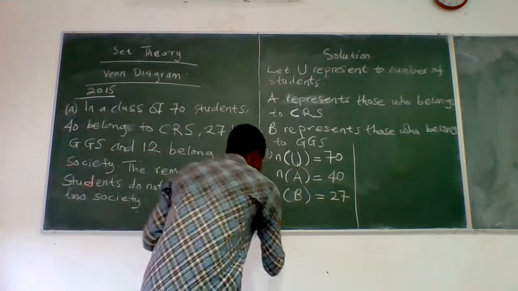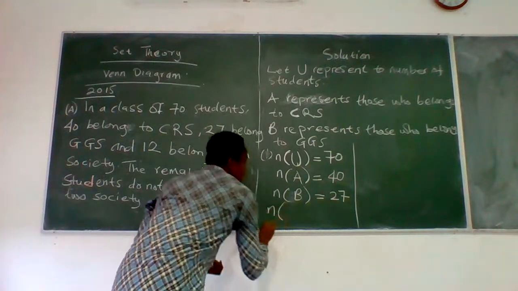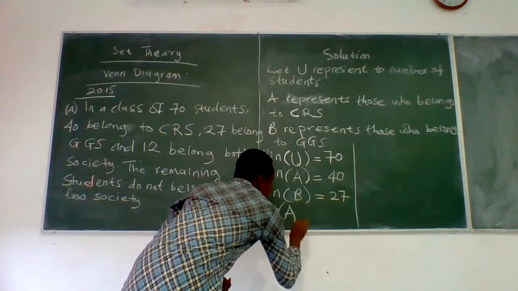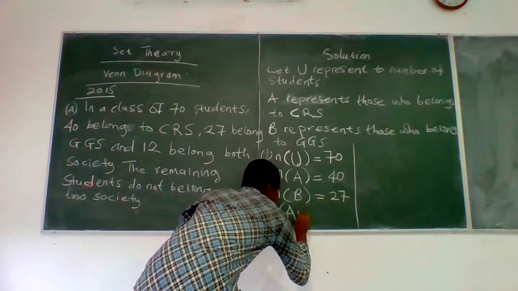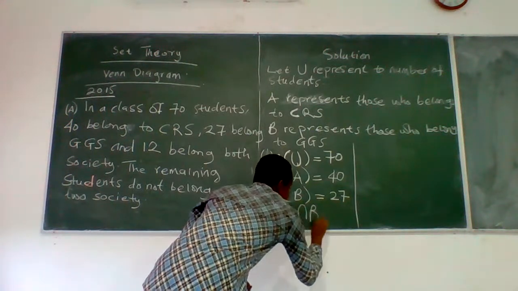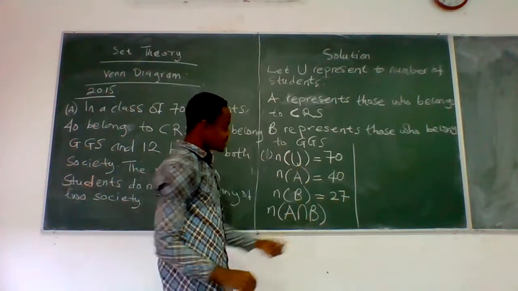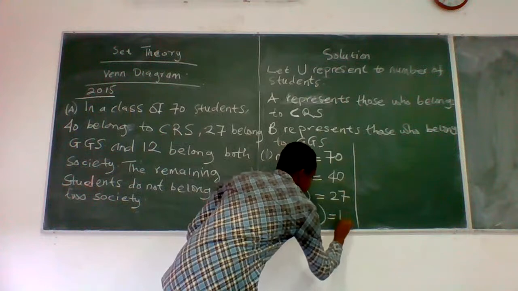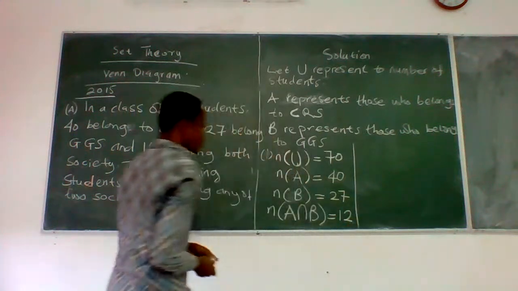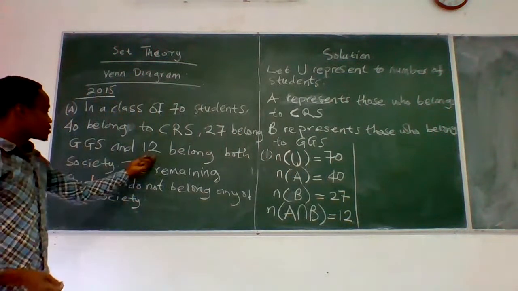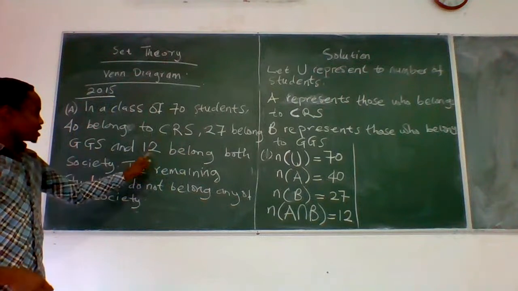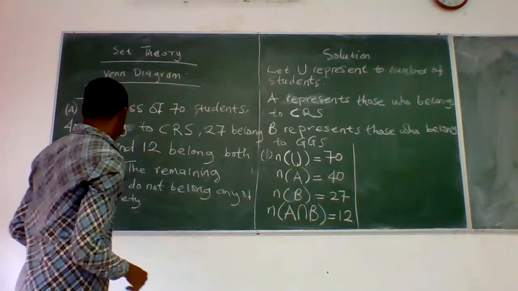So we have A intersection B is equal to 12. That's what this means.